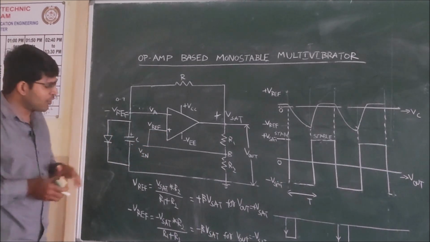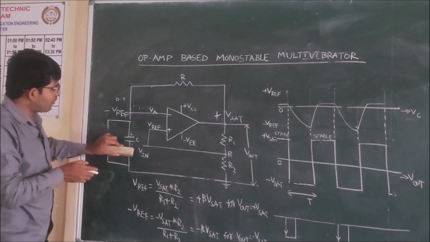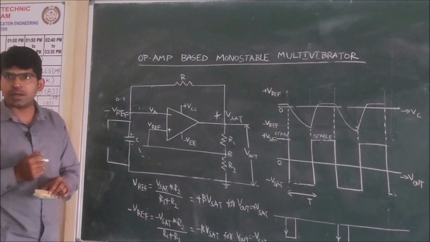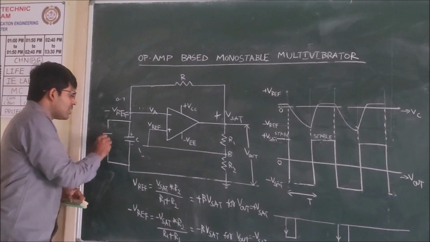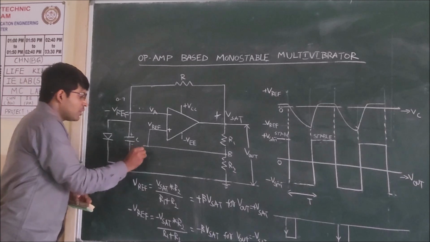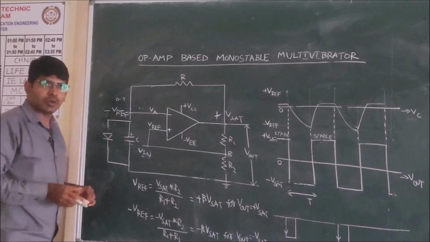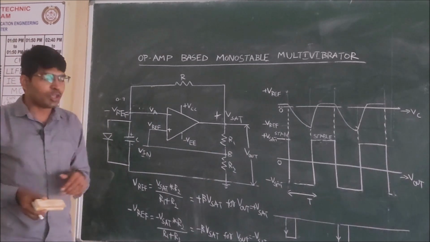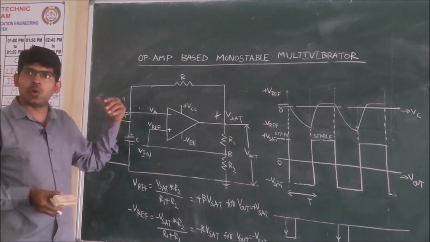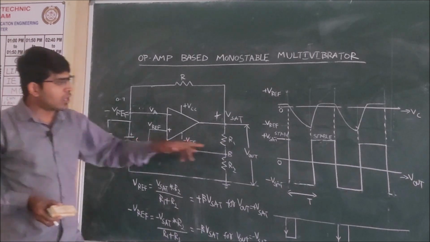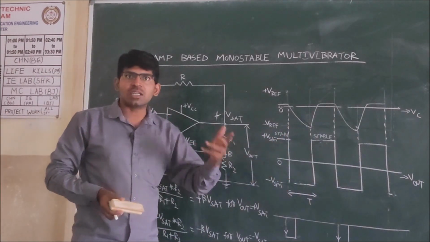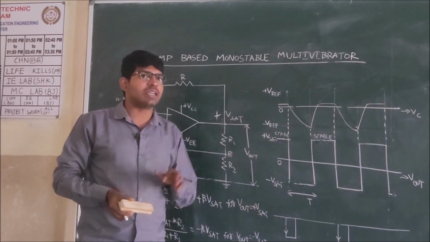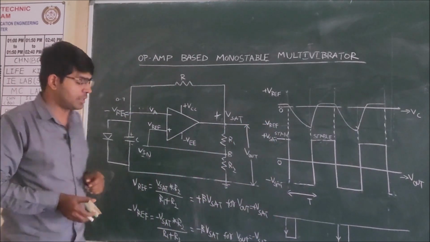If I remove this diode and this input, then this circuit is nothing but an astable multivibrator. If I add this diode and give the trigger input, then it becomes a monostable multivibrator. If you are controlling both states with the triggering pulses, then it is called a bistable multivibrator.